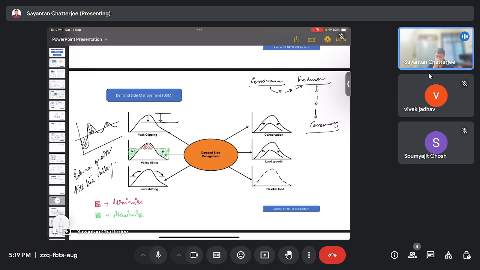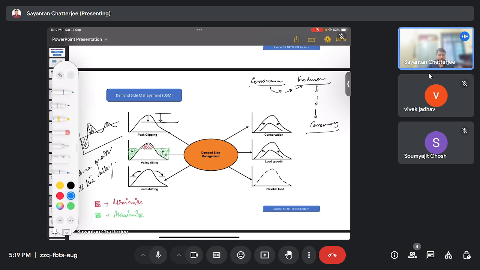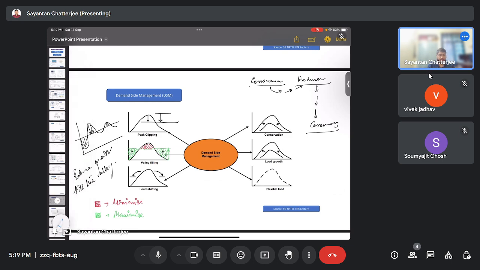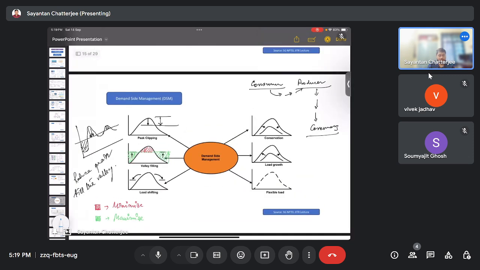So maximize during this time and minimize during that time. This can also be compared to load shifting. So this peak gets shifted to these points so that the valley gets filled up.